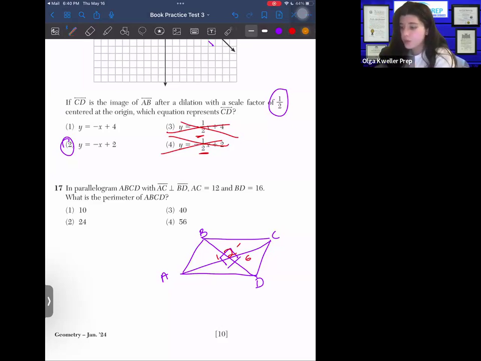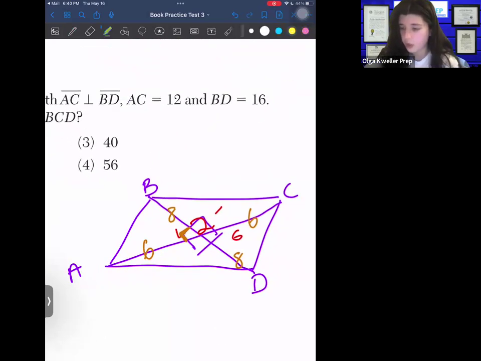So what we do know is that if this whole diagonal is 12, this piece is 6 and 6. And these pieces are 8 and 8. Right? And now we know that all of these are right triangles, right? Here's my right angle, right? If we just focus on one triangle. Here's one triangle, right? Here's the right angle.